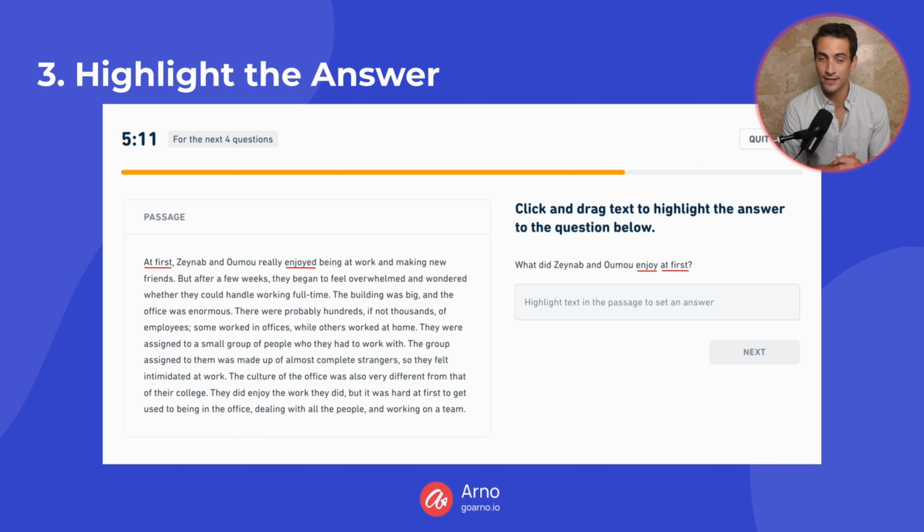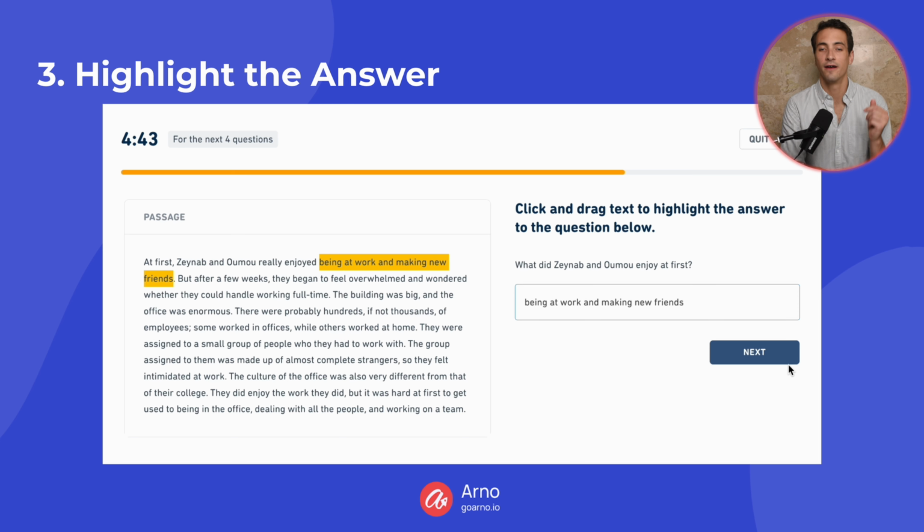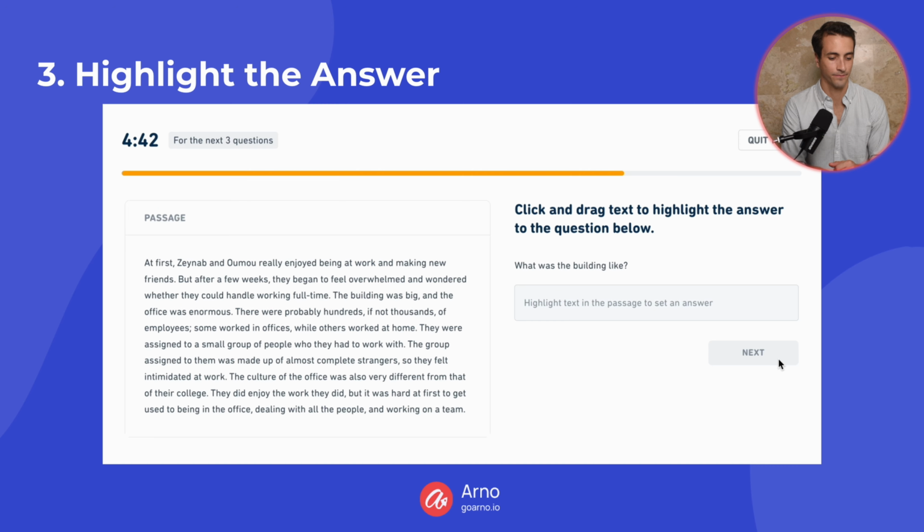Are you able to answer this question using the first sentence? The answer is being at work and making new friends. So what did Zainab and Omu enjoy at first? Being at work and making new friends. Good.